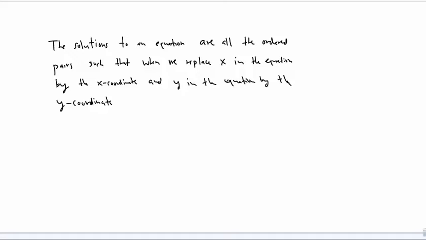So they're all the ordered pairs, such that when we take our equation, replace x by the x coordinate and y by the y coordinate, the two sides of our equation are equal in value.